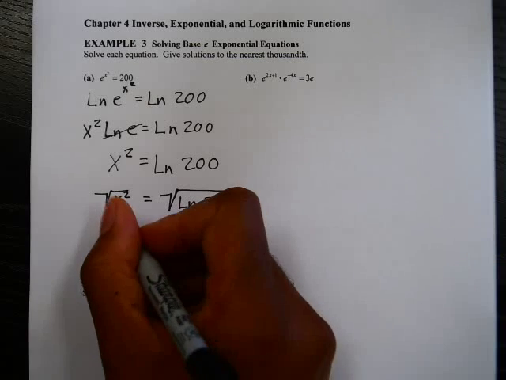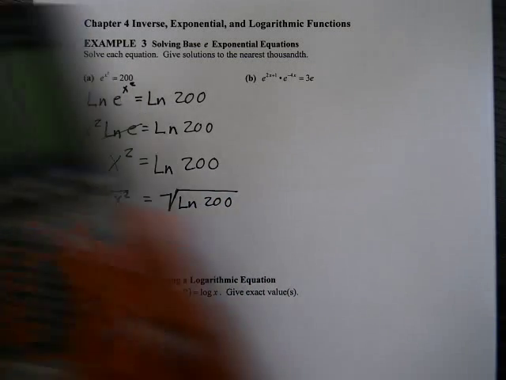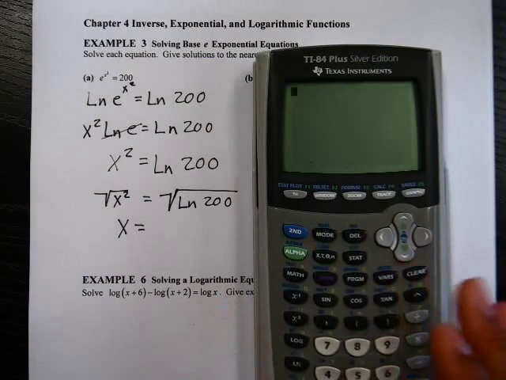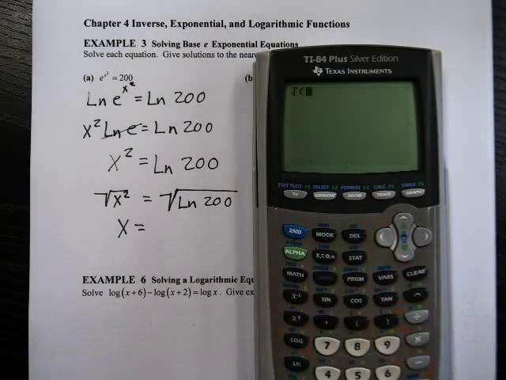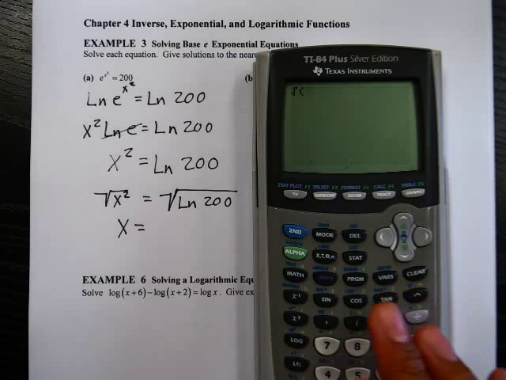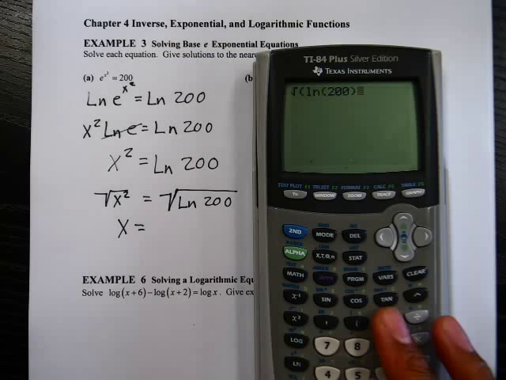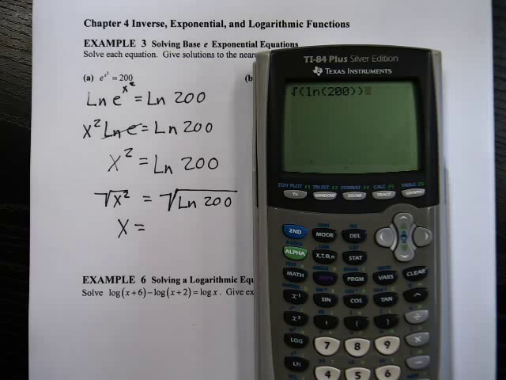The square root of x squared is x, equals, and then the square root of the ln of 200 is in our calculator. The square root, then ln 200, close our parentheses around 200, close our parentheses around what goes under that square root. I hit enter.